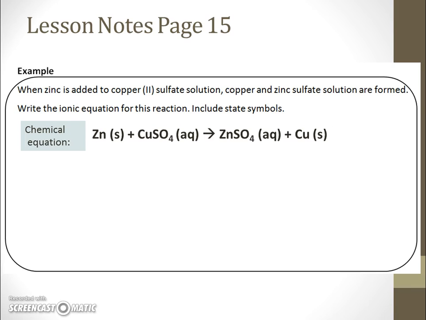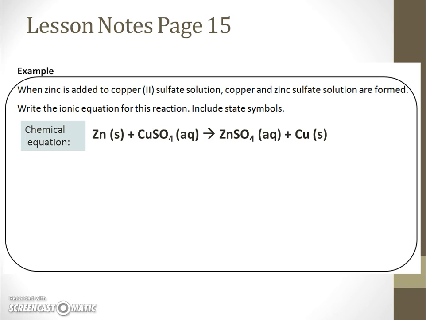Please copy it down. The state symbols are also written. So usually the state symbols will be given to you in the question if you are required to write ionic equations.